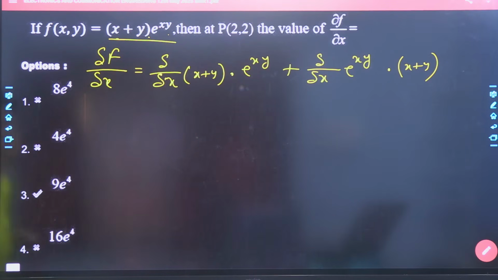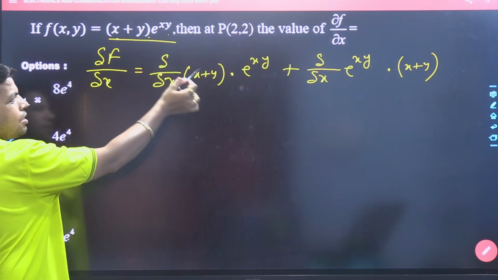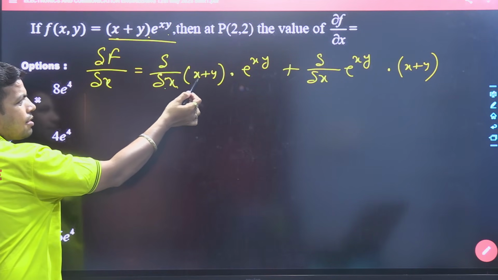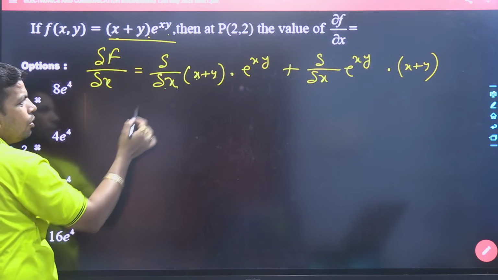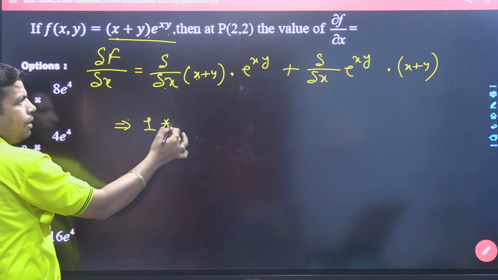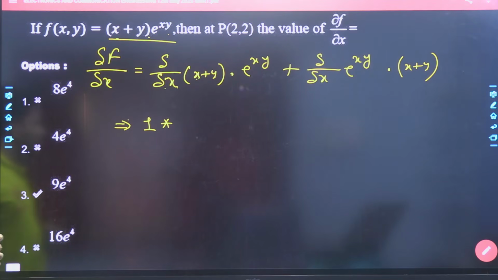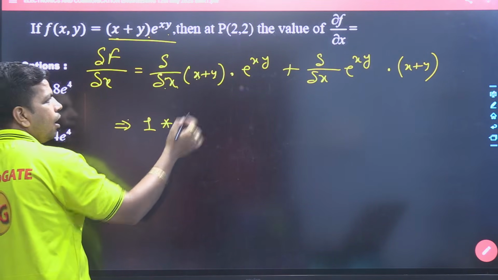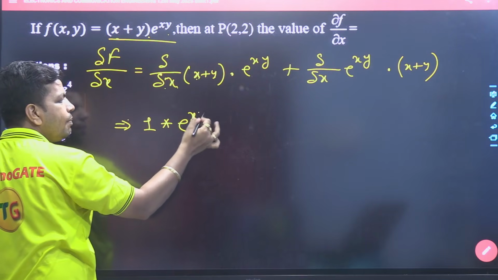Okay. So if we are taking differentiation of this with respect to x, x is 1 and y becomes 0. So this value is equal to what? It's simply 1. Multiply by e to the power xy. There is no differentiation here, so it is simply e to the power xy.